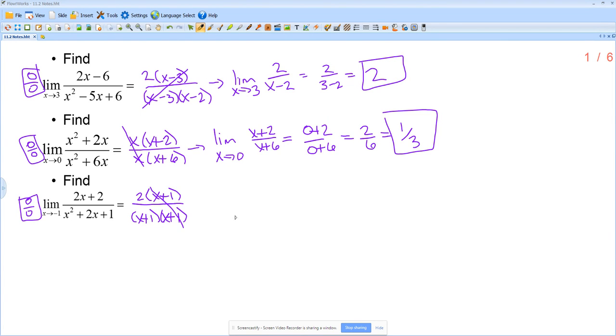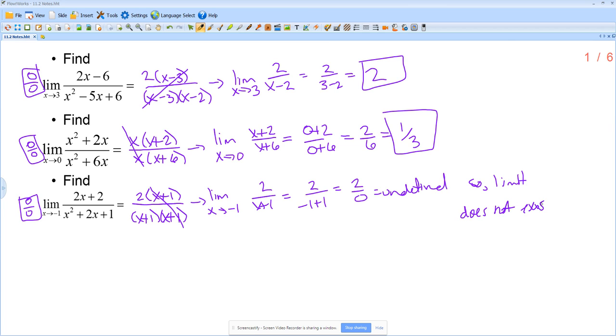Now this can only cancel with one of these. So this becomes the limit as x approaches -1 of 2 over (x plus 1). That gives me 2 over -1 plus 1, which is 2 over 0, which is undefined. So the limit does not exist.